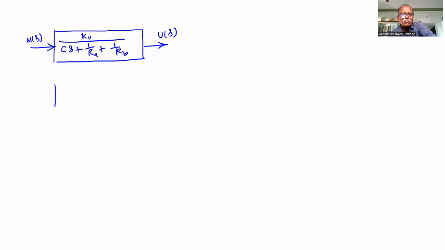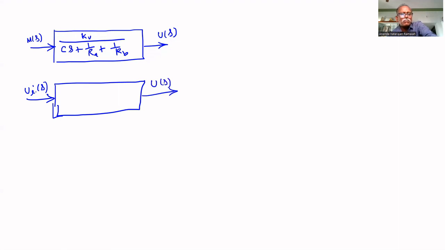Another model is the disturbance model. The input is Ui of s. The output is again U of s, but because of change in upstream pressure, that is equal to Ri upon Cs plus 1 by Ra plus 1 by Rb.